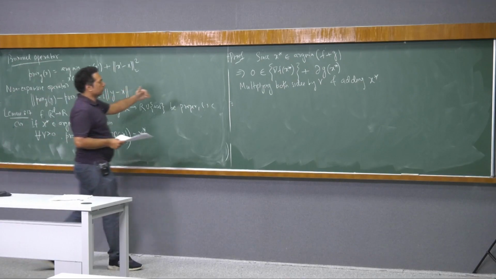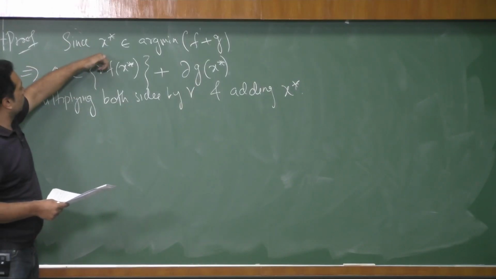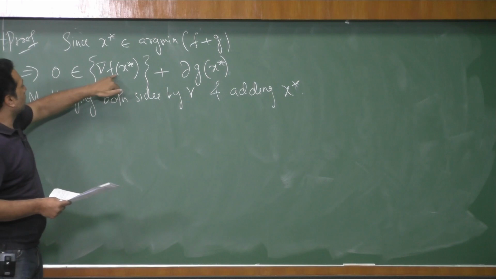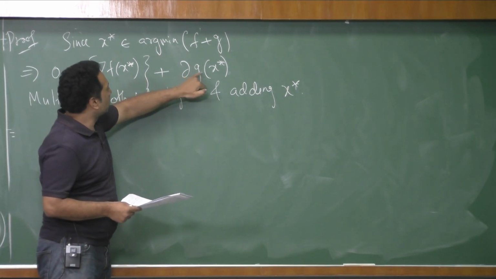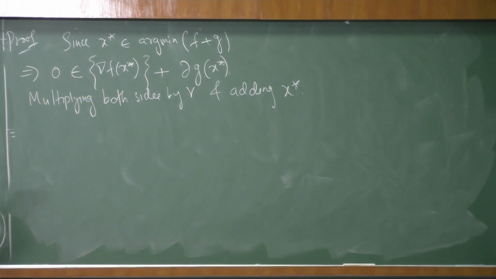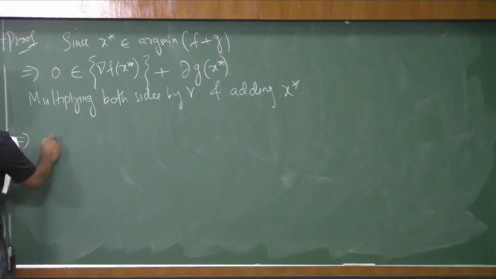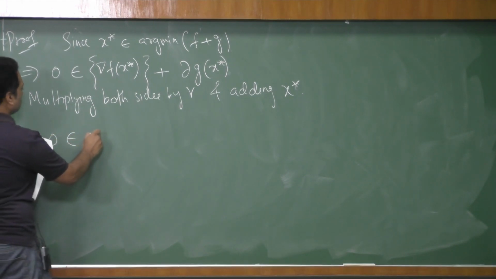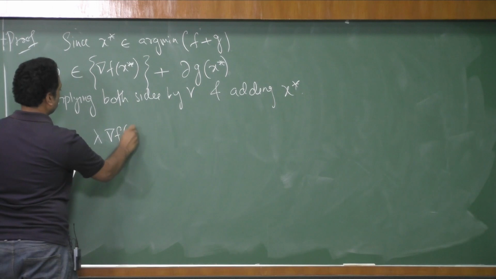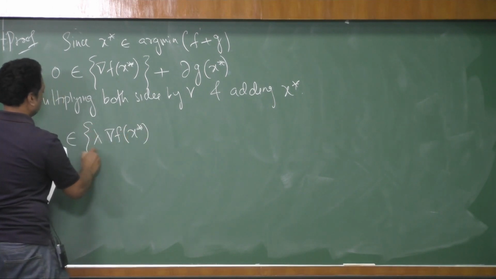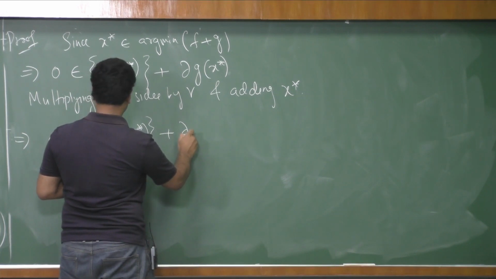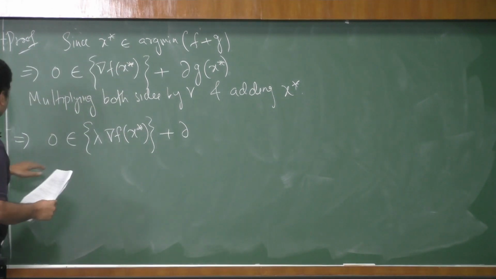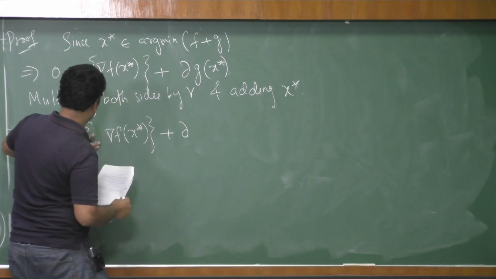So in other words, 0 will also belong to gamma grad f plus the subdifferential of gamma g. So this implies 0 belongs to gamma grad f of x star plus the subdifferential of gamma g at x star. Let us say it's gamma.